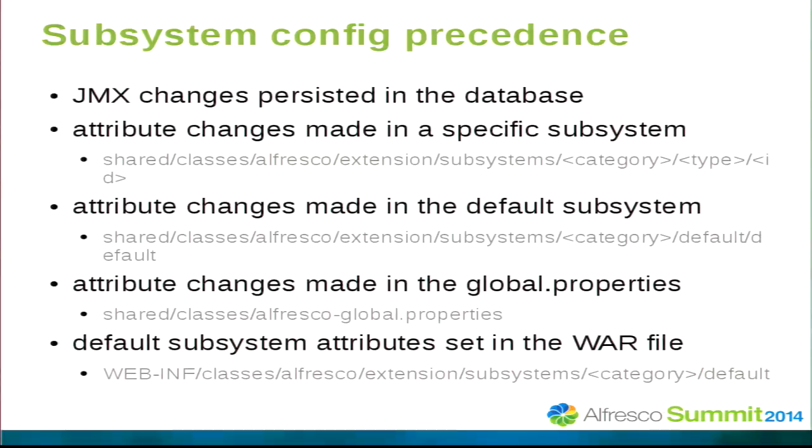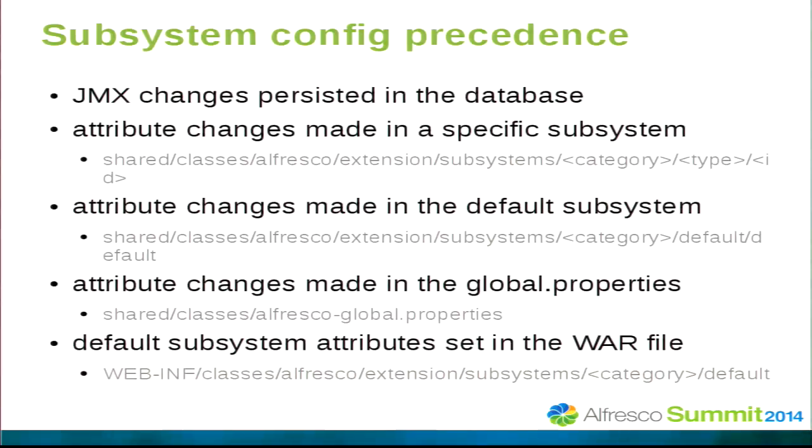Then, and that is the part that is important, that stuff takes precedence over alfresco-global.properties, even though most of the time alfresco-global.properties is the source of truth. If you have defined something in the extensions directory for a specific subsystem, that will take precedence over alfresco-global.